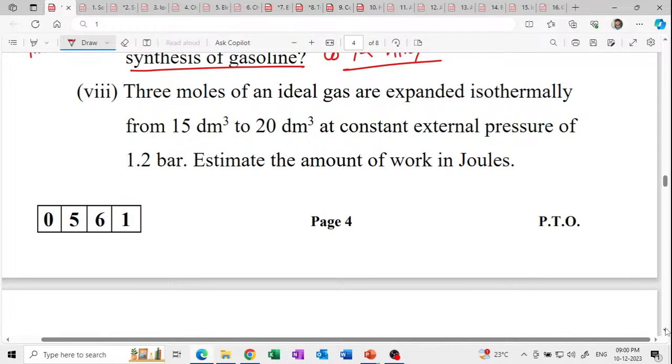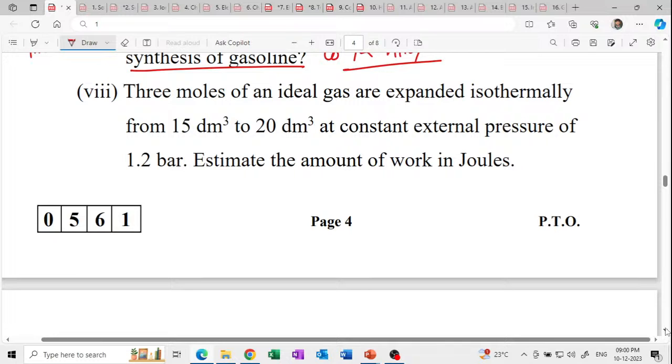So how much is delta V? Delta V is equal to V2 minus V1. V2 is 20 and V1 is 15, so what is left is 5 decimeter cube. Decimeter cube stands for liter, so it is 5 liter. Then W is equal to minus P external delta V, which is minus 1.2 bar into 5 liter.